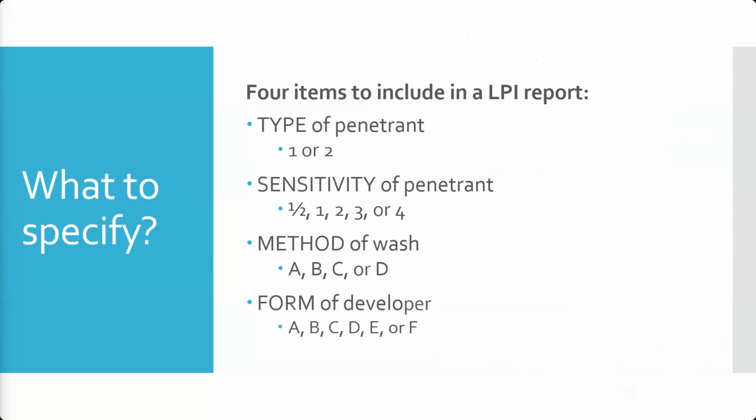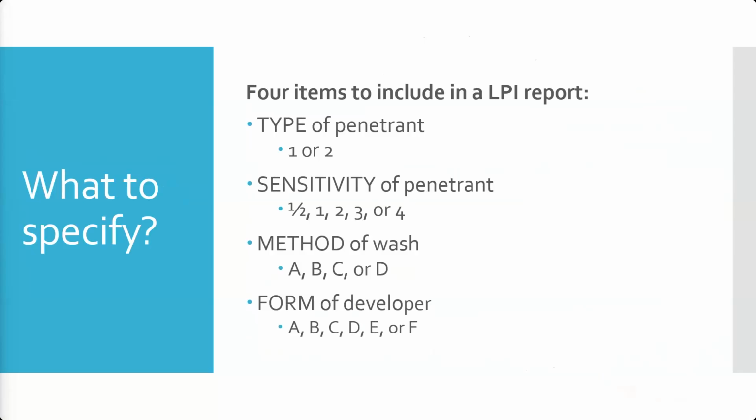So when we're performing NDT and when we are going to provide a report to the customer or to your instructor, here's what you need to include. You need to make sure you include what type of penetrant we are using, 1 or 2. So again, we'll use this as a review. What's a type 1 penetrant? Ultraviolet, fluorescent.